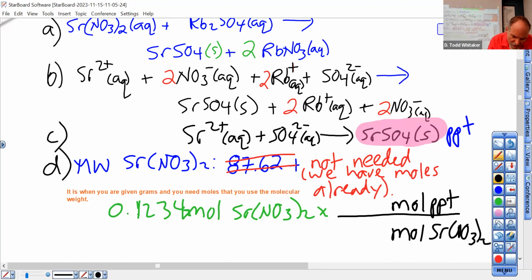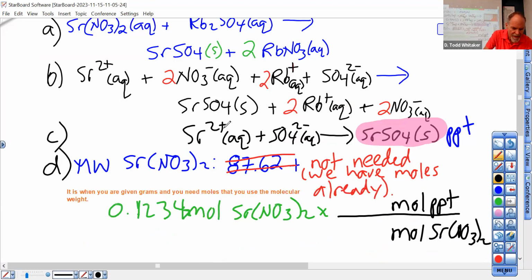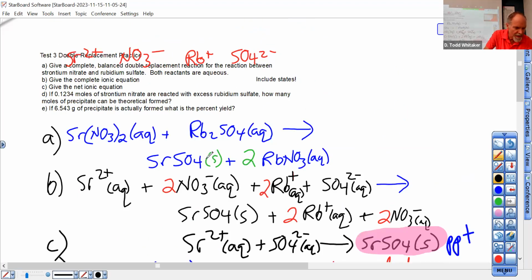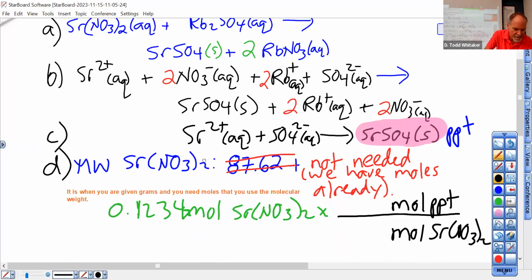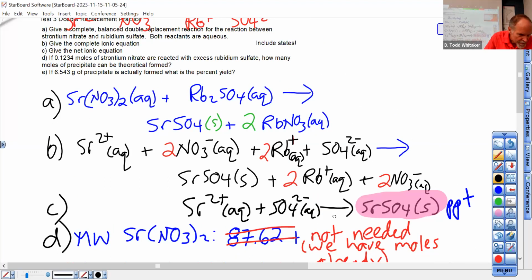And what is the relationship? Moles and moles are between balanced molecules in the equation. One of the SrNO3s gives one of the precipitates. Do you agree? I need to see the ones. And the question's asking for moles, and we'll be done. Correct?